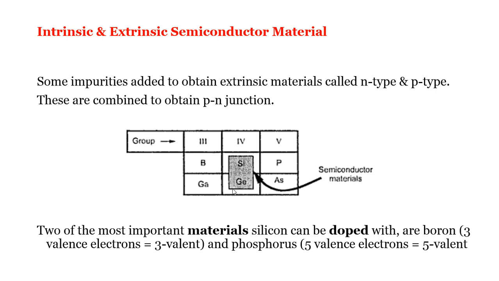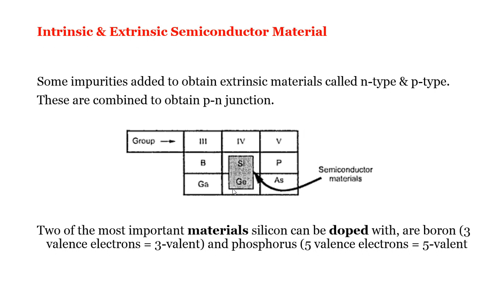Suppose we add trivalent impurities, we get P-type extrinsic semiconductor materials. And if we add pentavalent impurities, we can obtain N-type semiconductor materials. You can see this table.